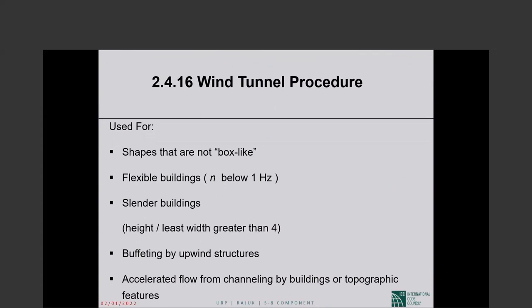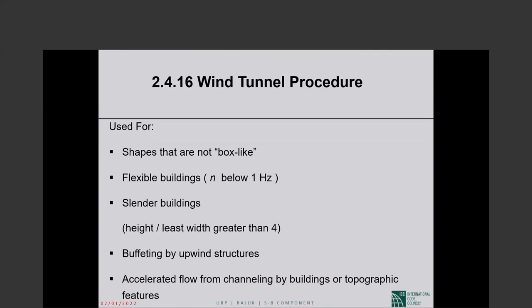So wind tunnel procedure is used for shapes that are not box-like, for flexible buildings, for slender buildings, for buffeting by upwind structures. So upwind structures may do things to your structure, and that has to be captured. Also accelerated flow from channeling by buildings or topographic features.